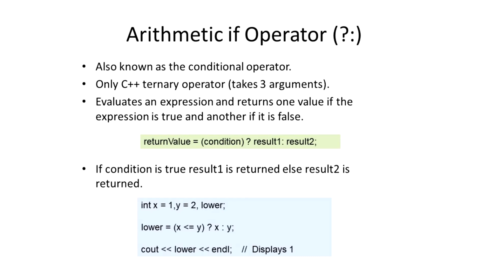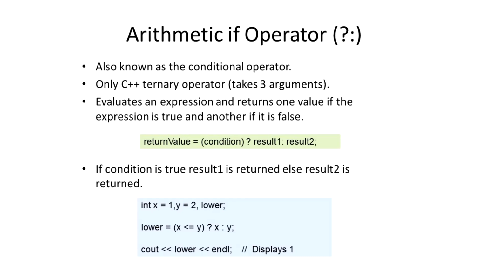So in the blue box, we have 2 integers, x is 1 and y is 2. And then the line below implements the ternary operator, where you see the condition, the evaluation of if x is less than or equal to y, question mark, and then x colon y.